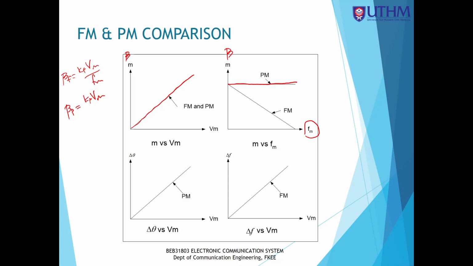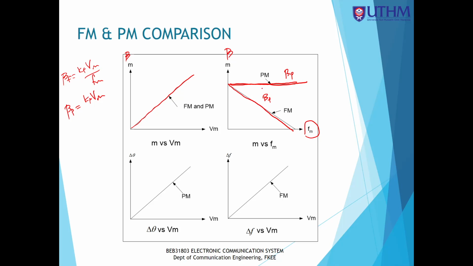Regardless of the frequency, it does not matter. As the modulating signal frequency changes, nothing happens to the modulation index. For FM, the higher the modulating signal frequency, the lower the modulation index beta F. So this is beta P, and this is beta F.